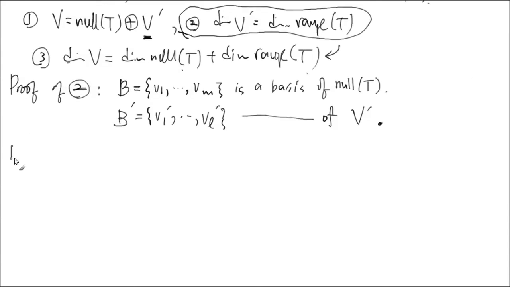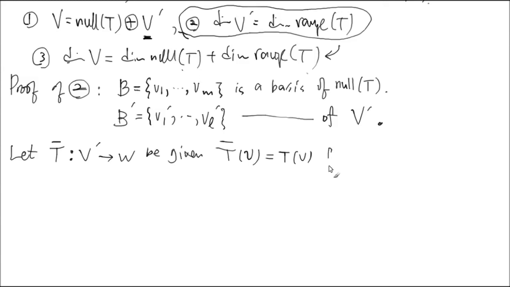Here, let T bar be a map from V prime to W. V prime is a subspace of V. Is that right? It is given by, here is the funny part, T bar of v, which is coming from V prime, is equal to T of v for all vectors v coming from where?